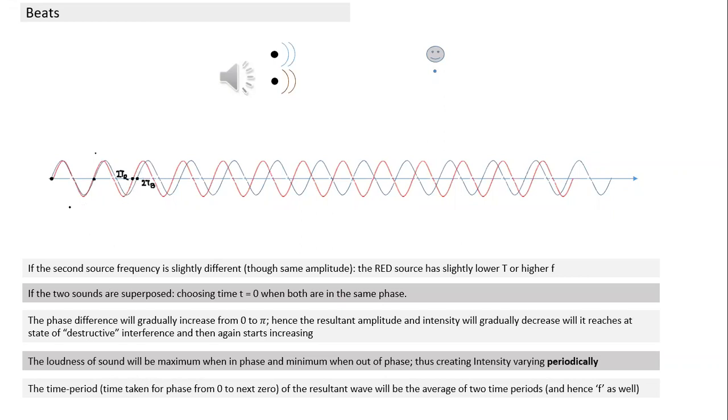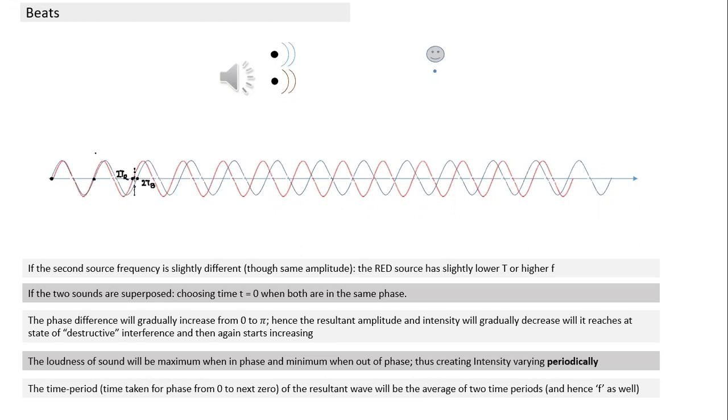Now, if I have to find out when the resultant oscillation becomes 0: the two oscillations, red and blue, have to be in the opposite direction and equal. If I draw a line somewhere here, is this not the time when resultant oscillation becomes 0? Yes. Why?